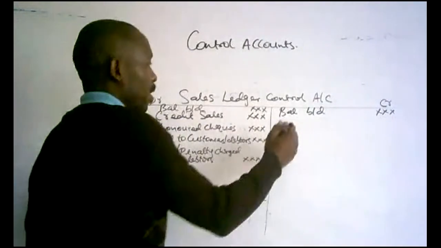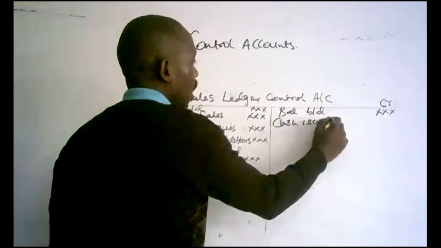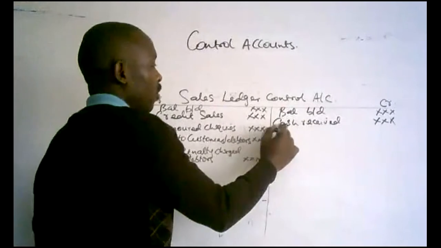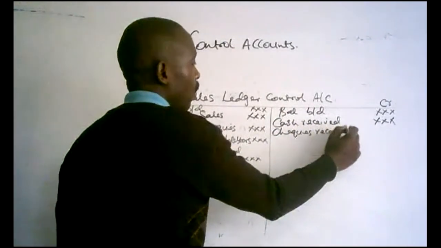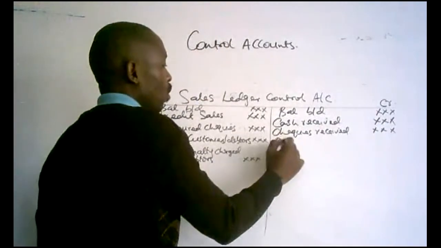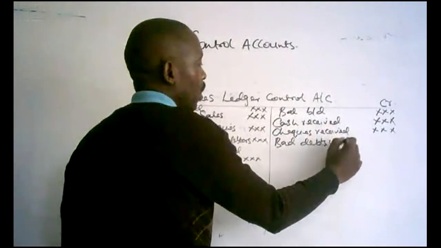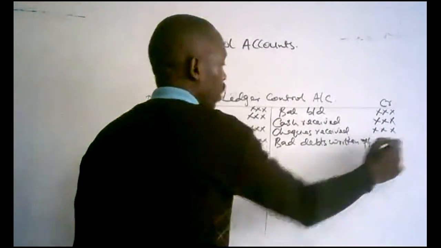Then on the credit side, we record the cash received from the customers, because it is reducing, so it is credited. Checks received from the customers, you credit. We are also going to consider the bad debts written off. We are going to credit that.